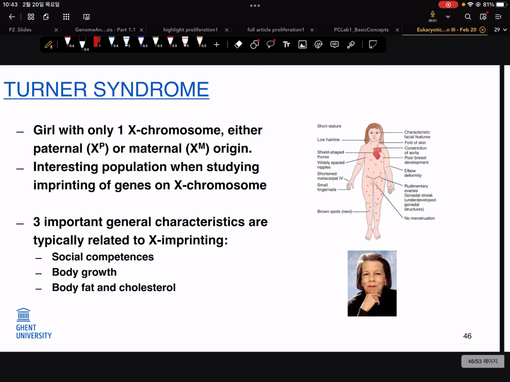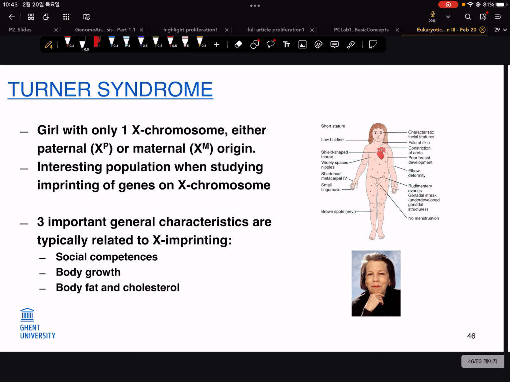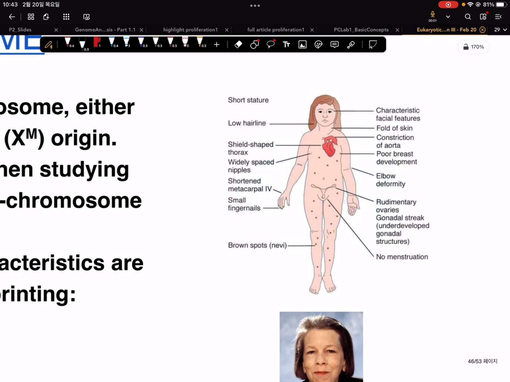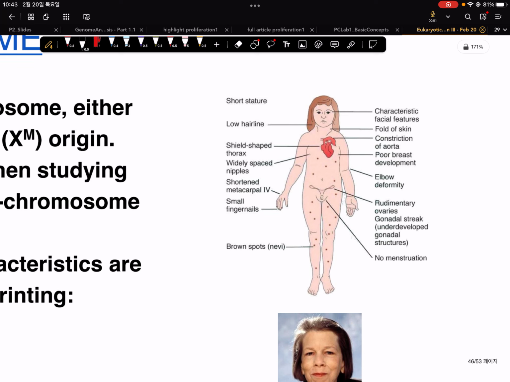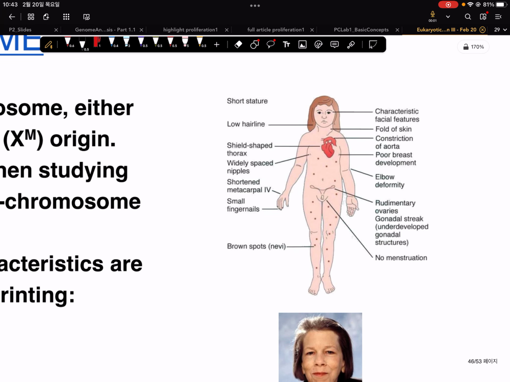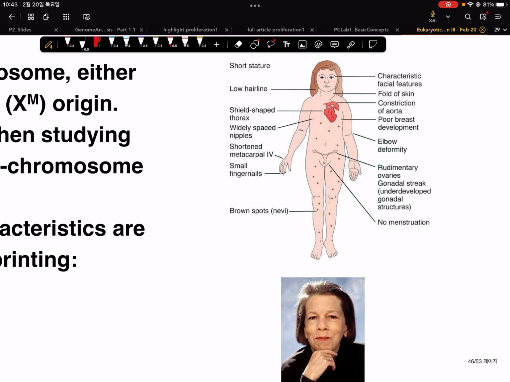And also Turner syndrome is linked to the dosage disequilibrium. People with Turner syndrome have only one X, females with only one X chromosome. And this is a very famous actress that has Turner.